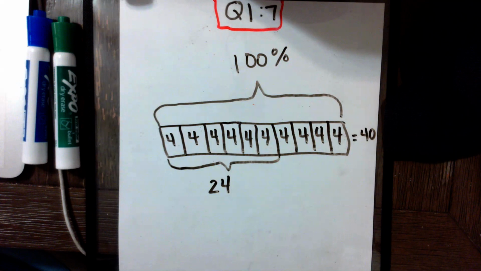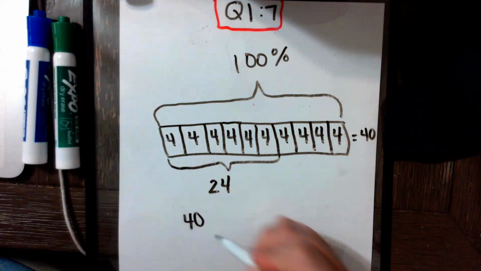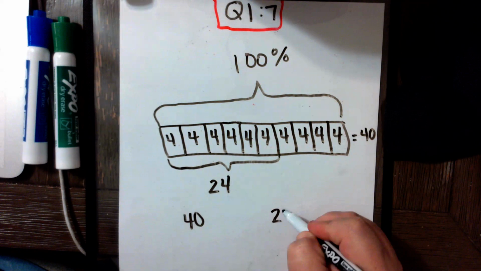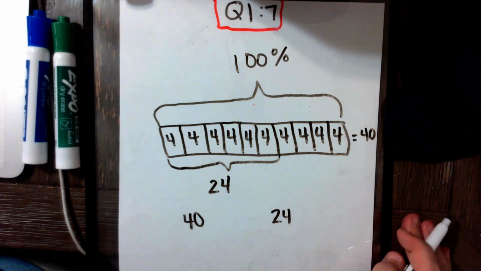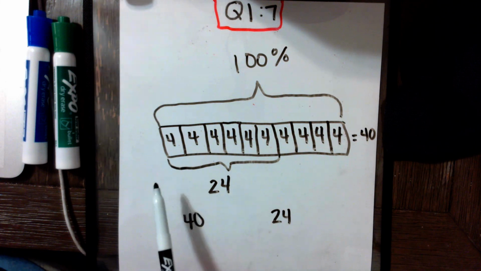Okay, for this final question, they ask, what percent of 40 is 24? So if I started with the number 40, they want to know what percent of 40 would 24 be. Well, they've given us a couple of really good clues on this drawing.